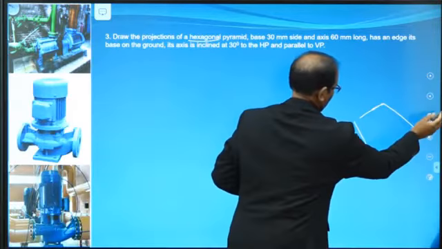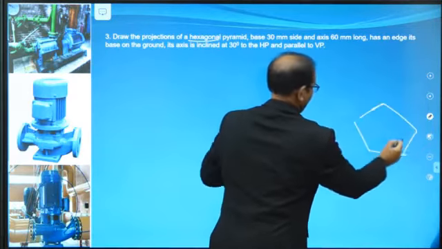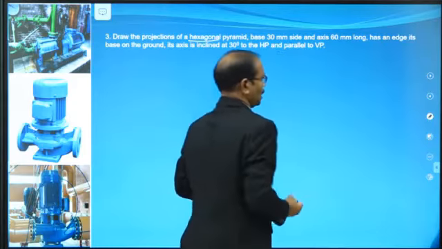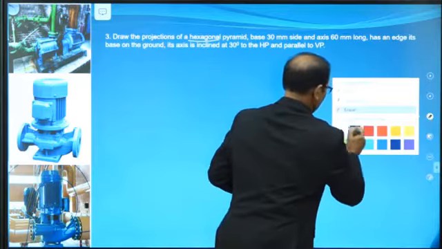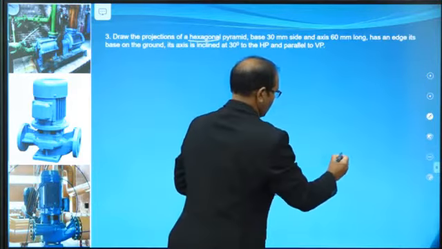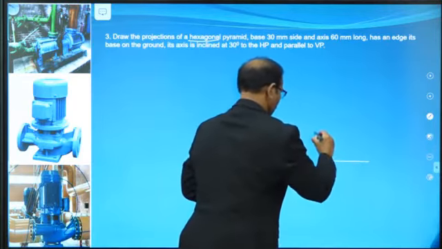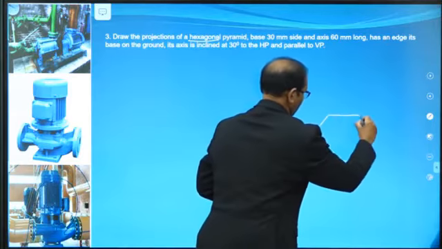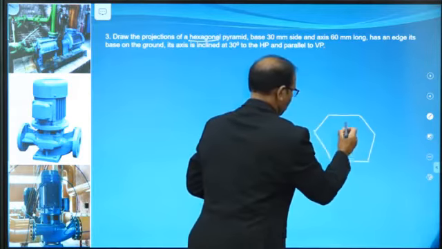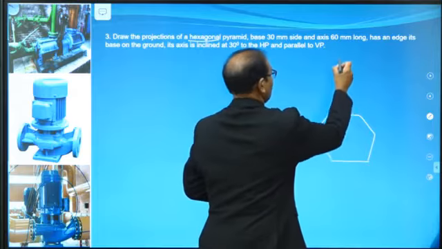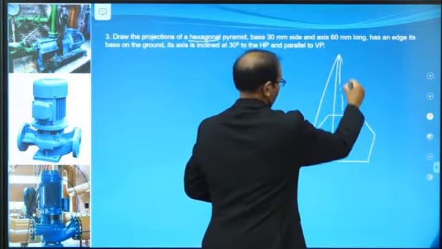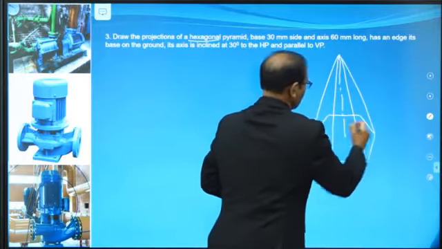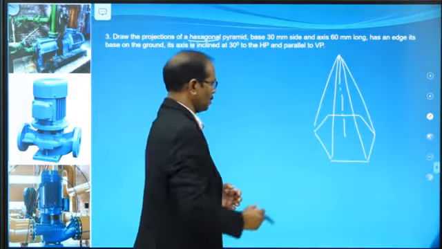First draw the hexagonal pyramid. Start with the hexagonal pyramid. Now the base 1, 2, 3, 4, right. So this is the center, the center to apex axis line. Now this is the required object.